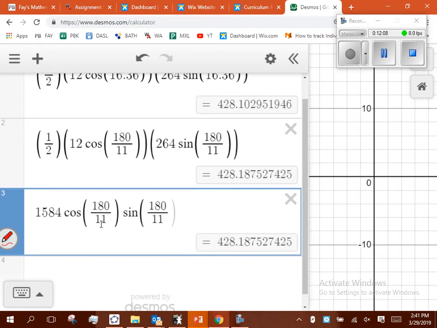Does that give you the same answer? So that 1584 is 1/2 times 12 times 264. So you can write it that way if you want an exact answer. Does that make sense to everybody?